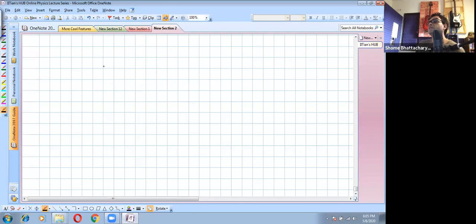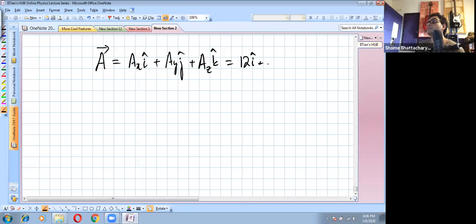Let's come back to this vector which I have labeled as Ax i cap plus Ay j cap plus Az k cap. In fact, let me just take an example. Suppose this is 12i cap plus 3j cap plus 4k cap.